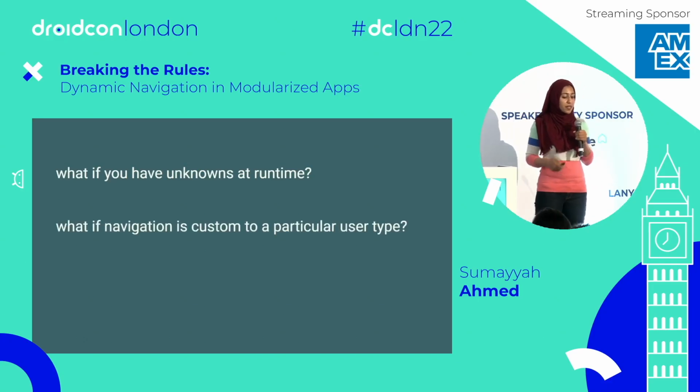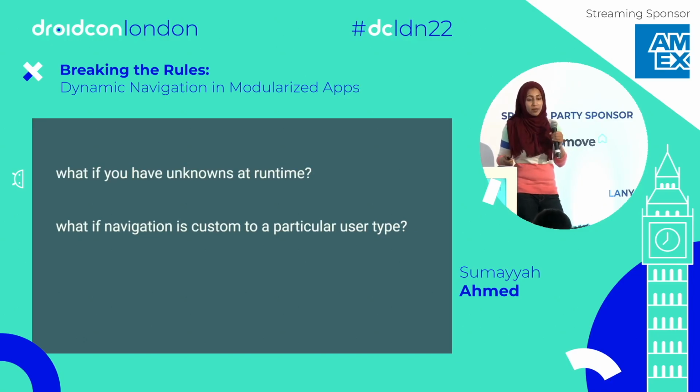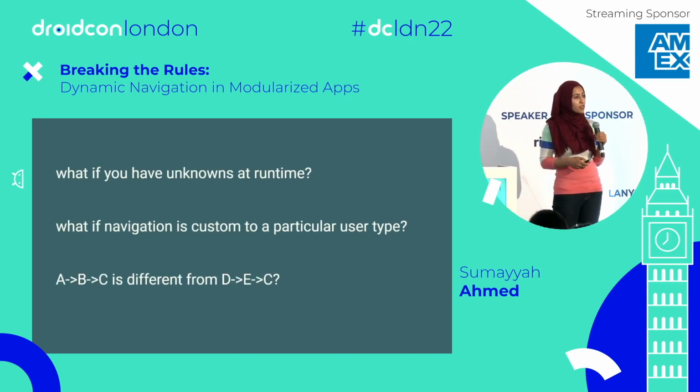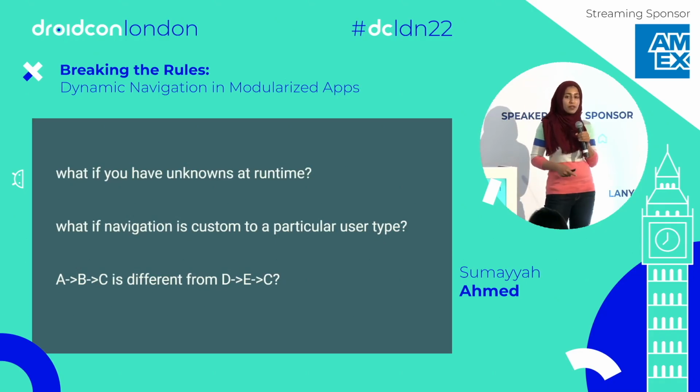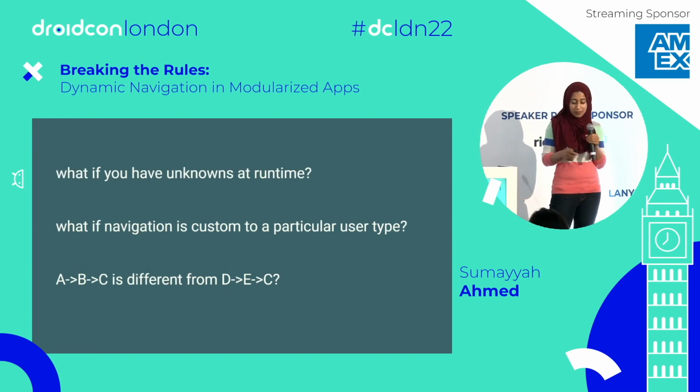What if you want to customize your navigation paths for user type or lines of business? What if you want your navigation experience to be different based on the path you took to get there? So say you have a fragment C, you want that experience to be different based on whether you got there via A to B to C versus D to E to C. How are we going to remember our navigation path?